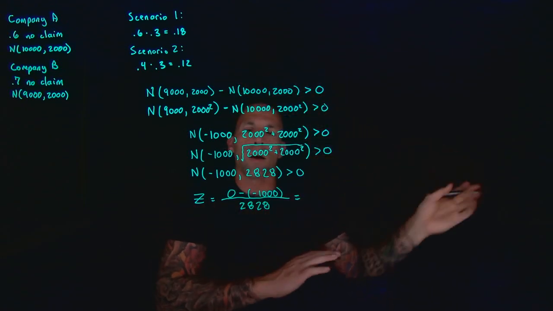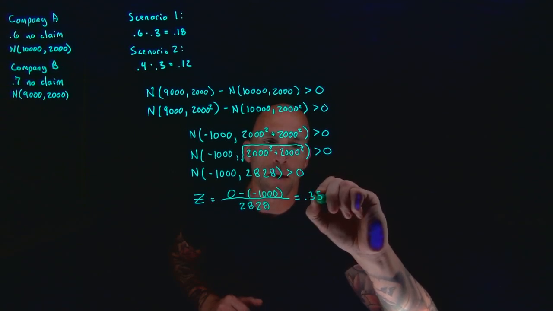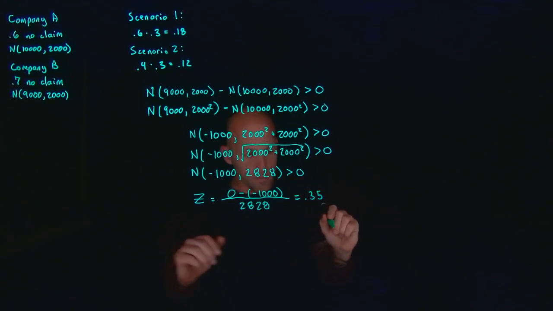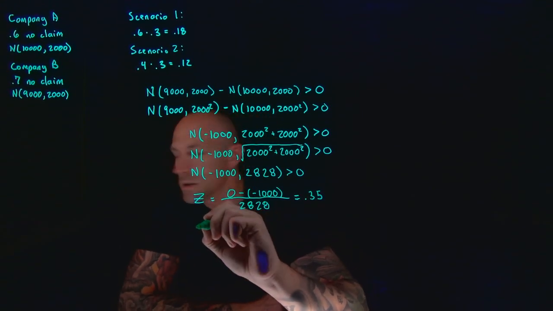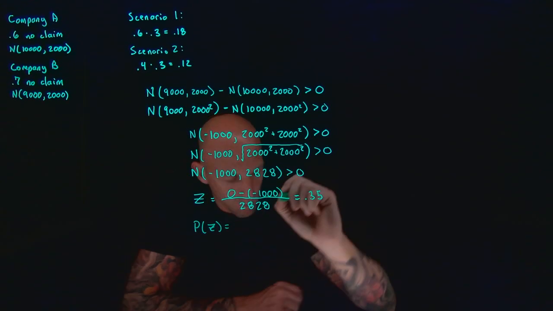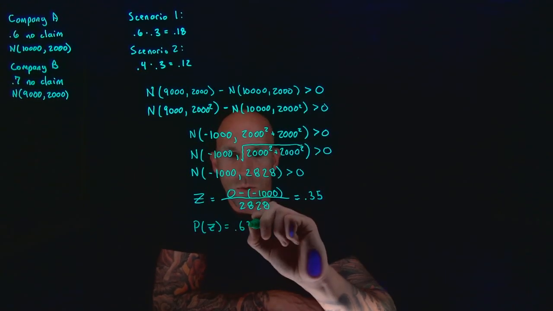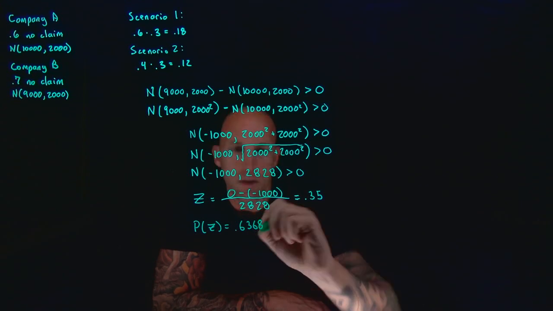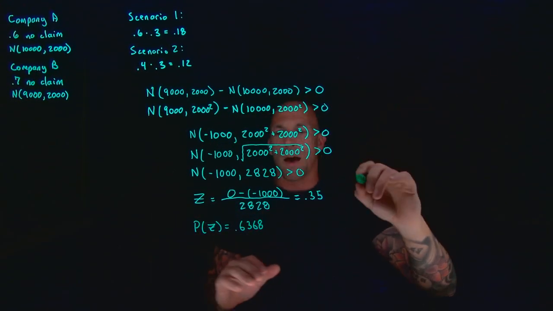So we don't really care about anything beyond those 2, at least not when we're taking exam P. So this is our z-score, which is going to correspond to a probability. P of z equals 0.6368.